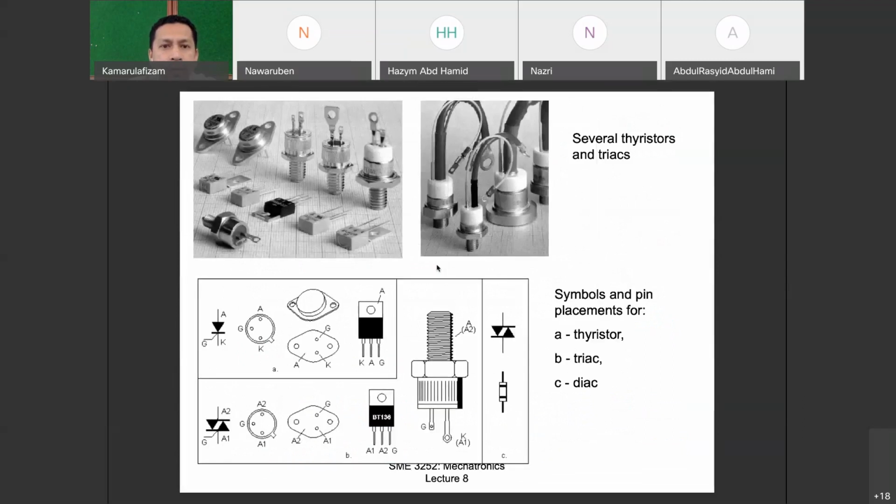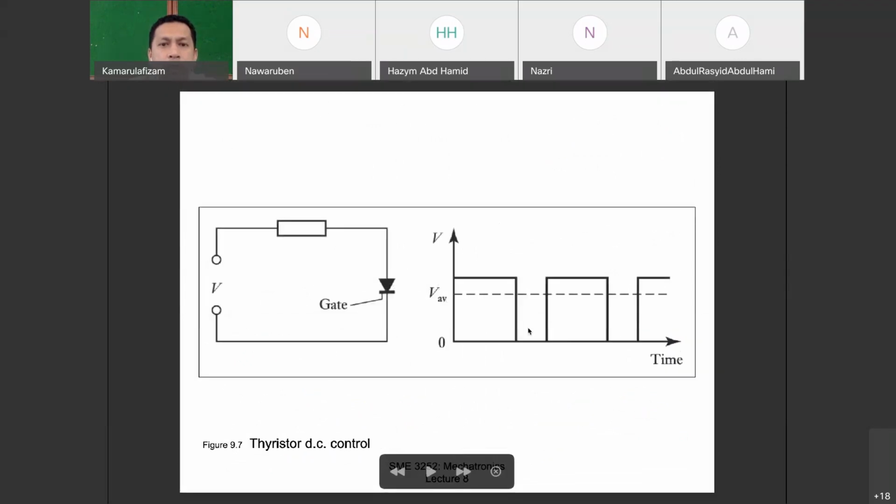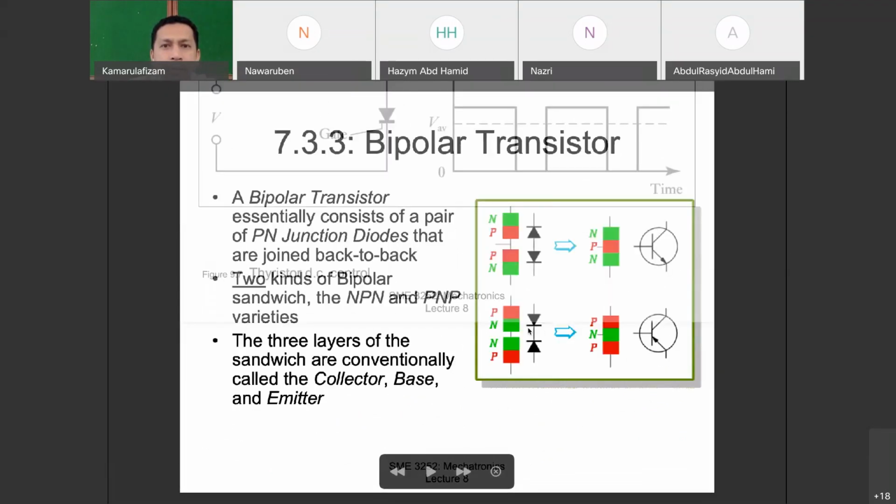These are the shape. Lebih kurang juga bentuk diode DC. Okay, so this is what happen bila triacs are very much in action. Okay, yang mana yang forward punya this one dia akan allow, bila dia dah negatif dia akan stop. Alright. Lebih kurang macam diode biasa jugalah.